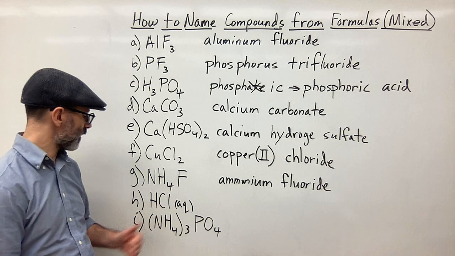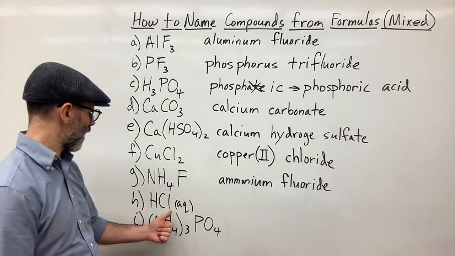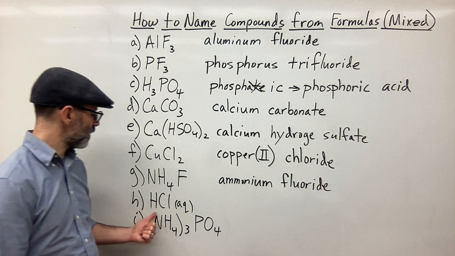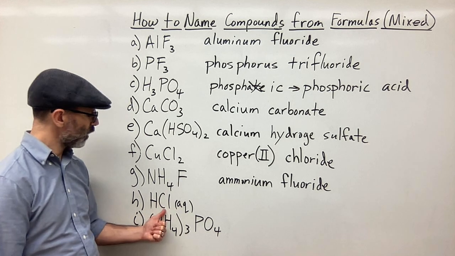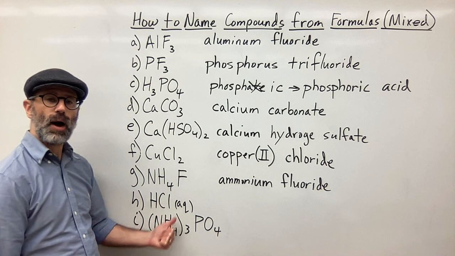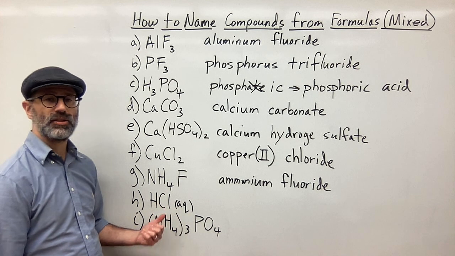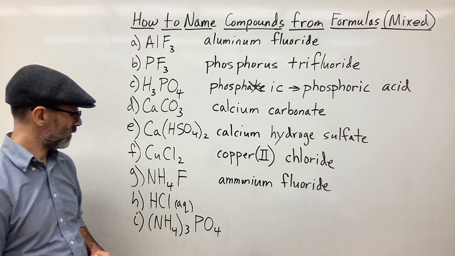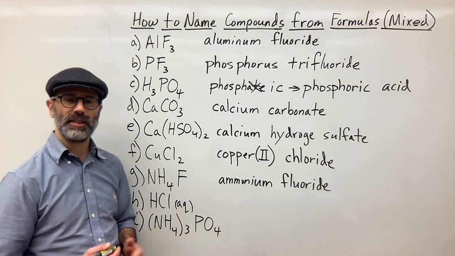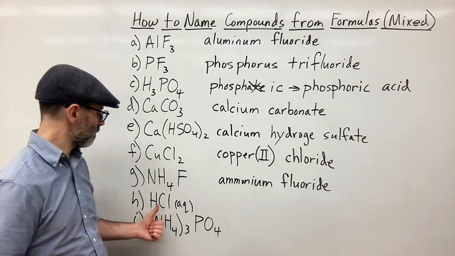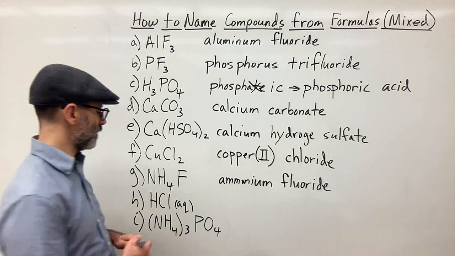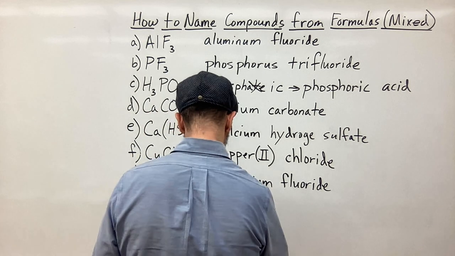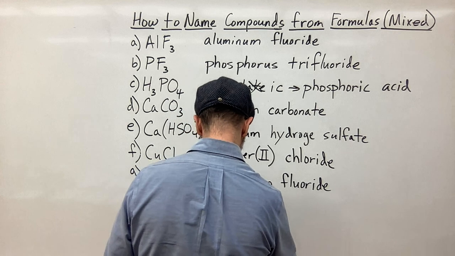So in this case, we're going to name this as an acid. So because this is two elements and there's no oxygen, it's not an oxyacid. So this is a binary acid. So we're going to name it like a binary acid. And so this is where hydro comes in. You will use hydro to identify that there's hydrogen. So that's the first element. So hydro.